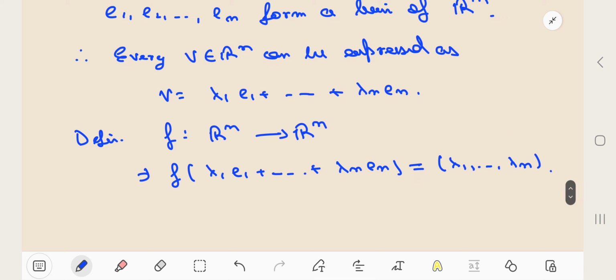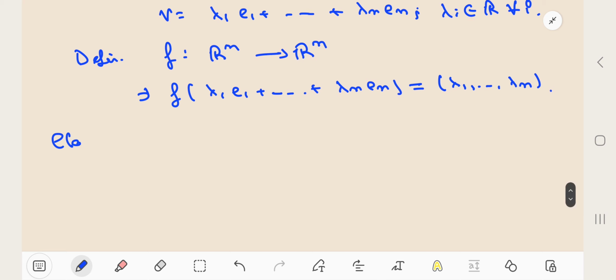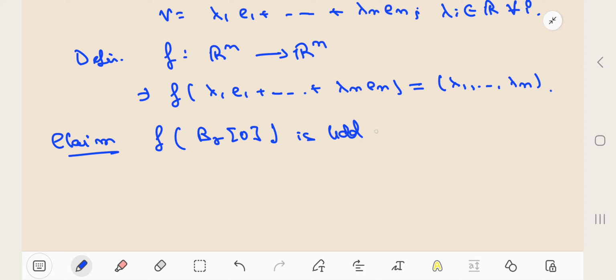To be mentioned that in this case we are talking about vectors in Rn, so these lambda i's come from R. Okay. Clear? Now we claim that the image of the closed ball centered at the origin with radius r is bounded. That will be enough to talk about for now.